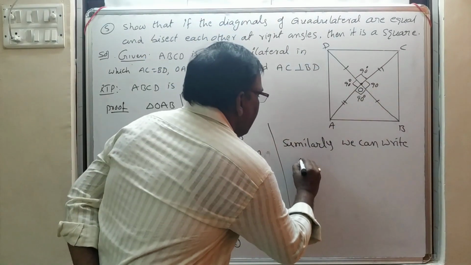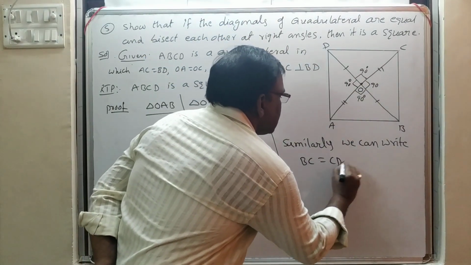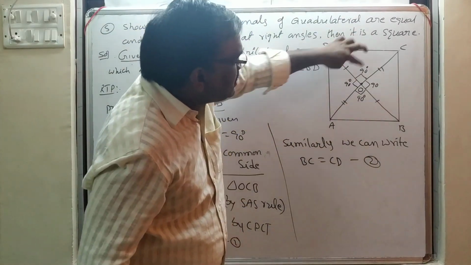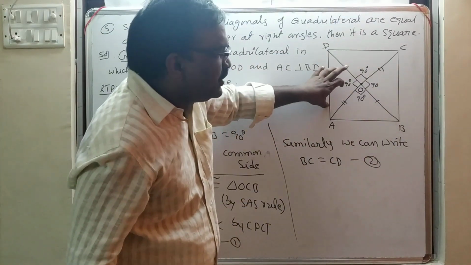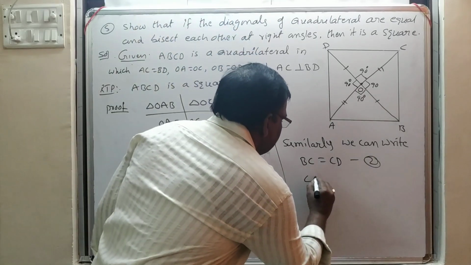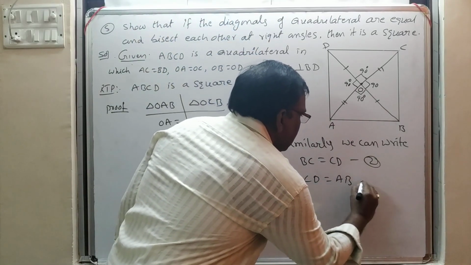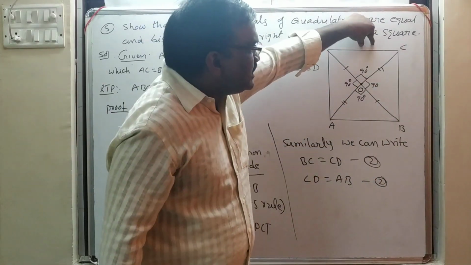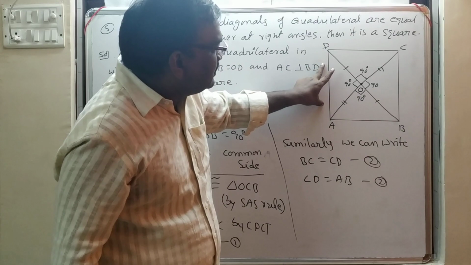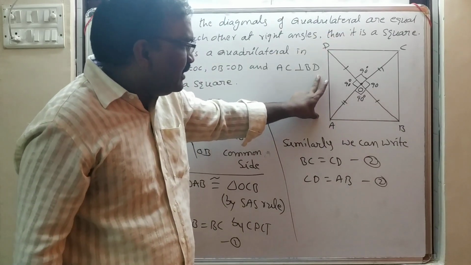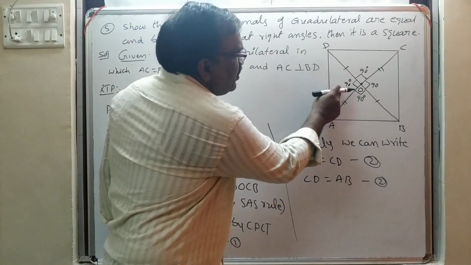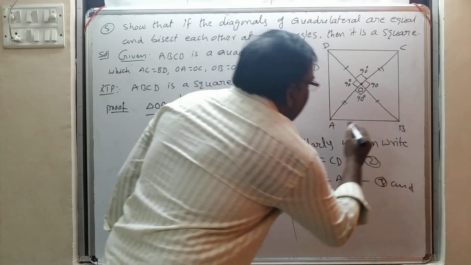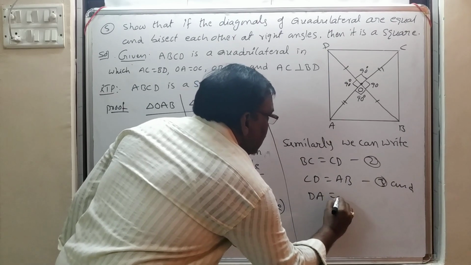You can write BC is equal to CD. And also these two are congruent, so CD is equal to DA. Again, these two are also congruent, and DA is also equal to AB.